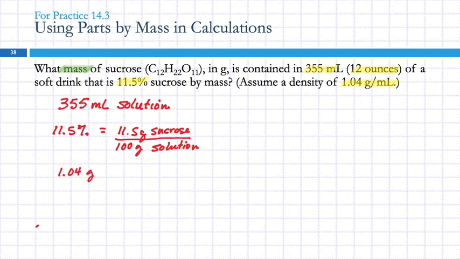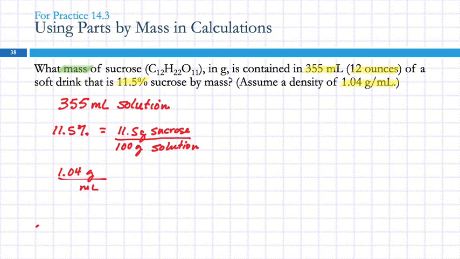1.04 grams per milliliter. Well, grams of what per milliliter of what? Density is mass over volume, yeah. But is this the density of sucrose or the density of water? It's the density of the solution.